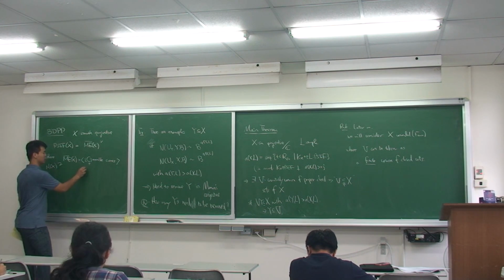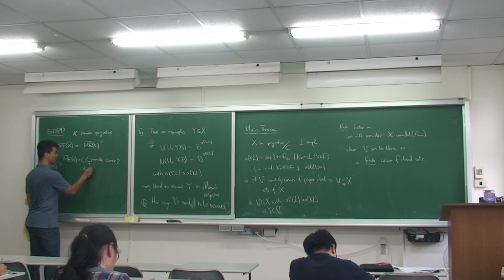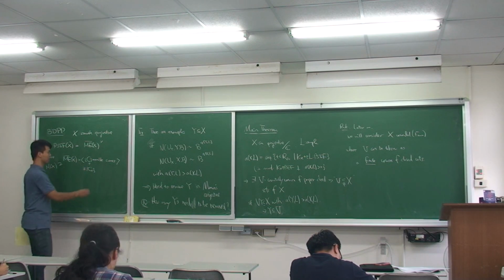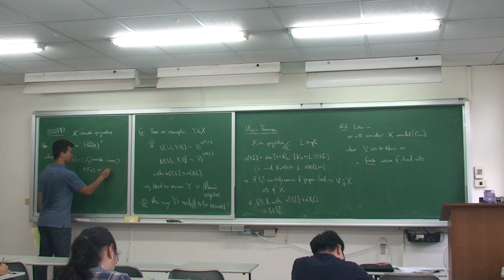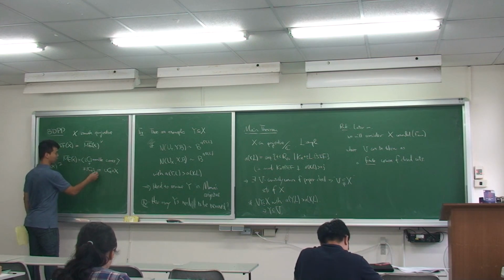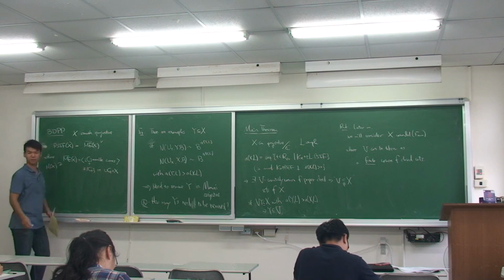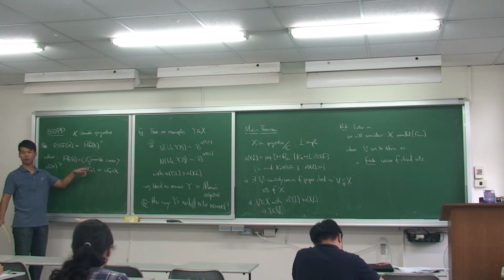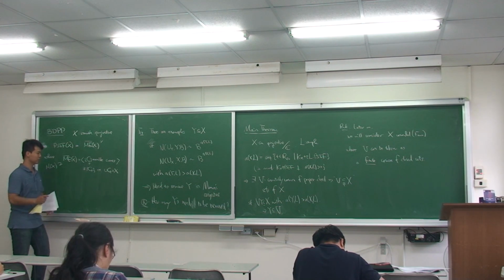Movable means that there exists a family of these curves such that the union of the C_t is X. And of course the C_t has the class C. Is that okay? So that's what we mean by a movable curve, movable family. So the curve moves and then covers X.